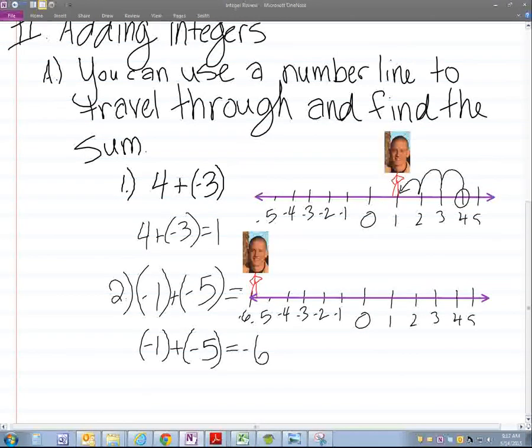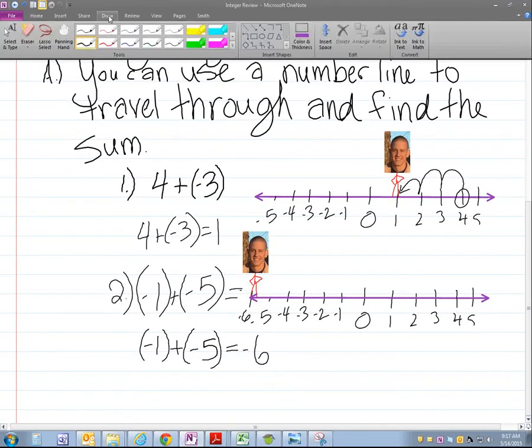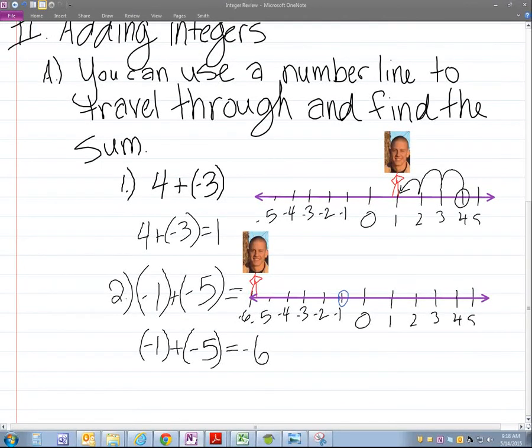So that's the way that you can do it. We were here, I went 1, 2, 3, 4, 5. Minus 1, minus 1, minus 1, minus 1, minus 1. Any questions so far with this?